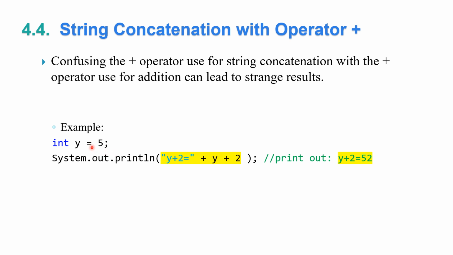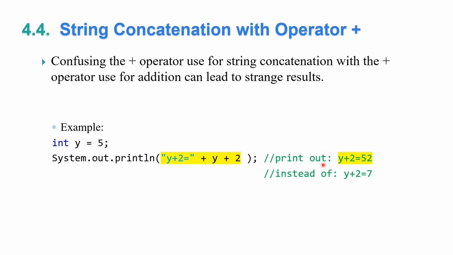If the integer variable y has value 5, this expression results in the string "y plus 2 equals 52", not the string "y plus 2 equals 7" as in the previous example.